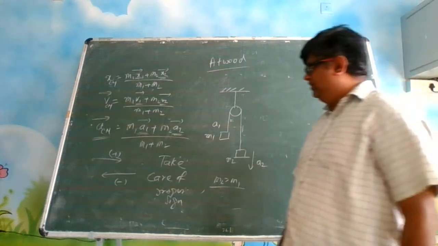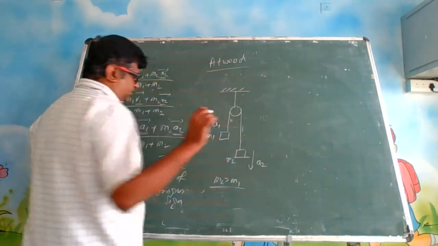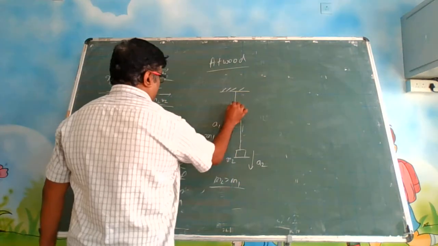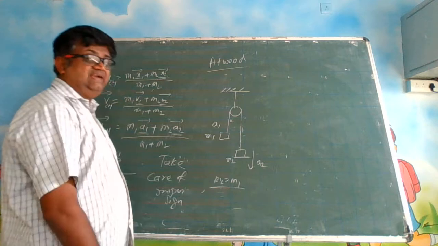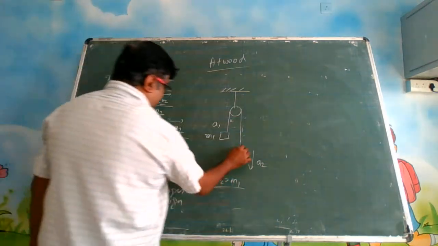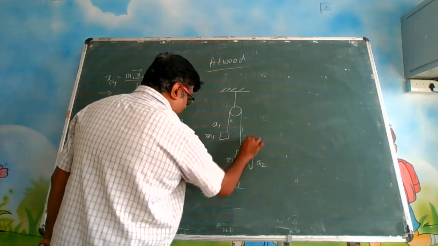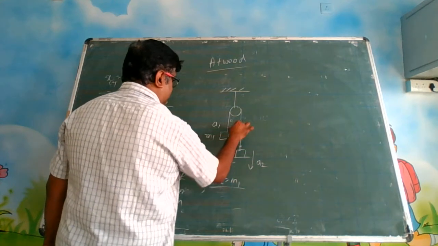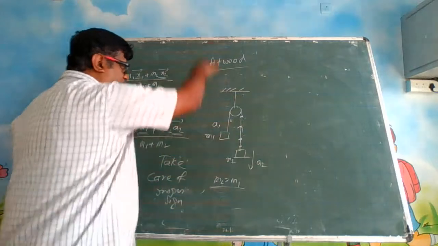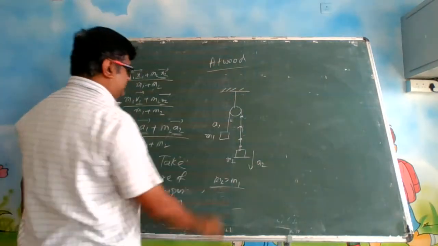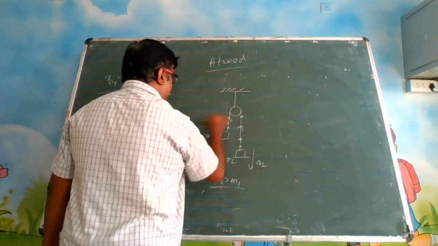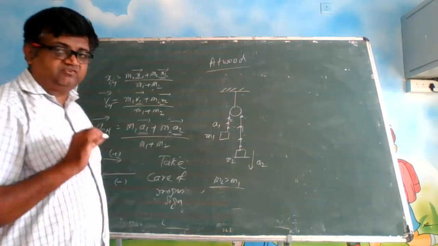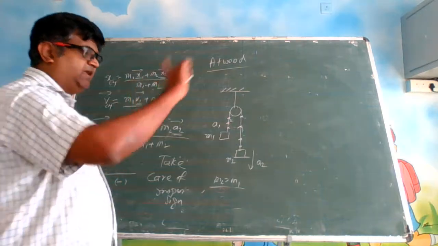First of all, observe that this is a single chord. We have done constraint equations. When this mass is going down with a certain acceleration, all points on the chord go with the same acceleration, because they are connected by the common chord. It is like a train.